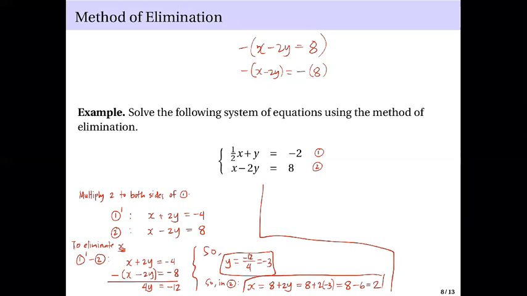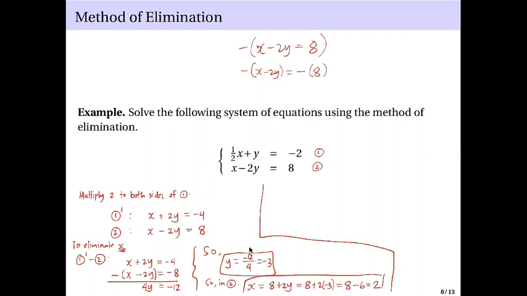Yes, you have to multiply something if the variables don't have the same coefficients. The other equation can stay the same, as long as you multiply both sides of your chosen equation. Thank you. You're welcome.